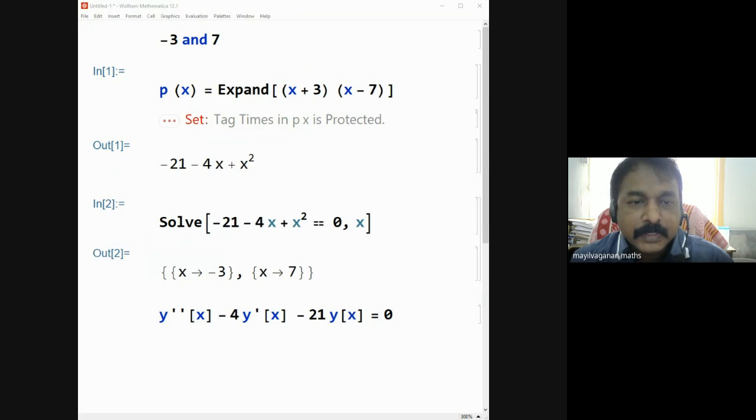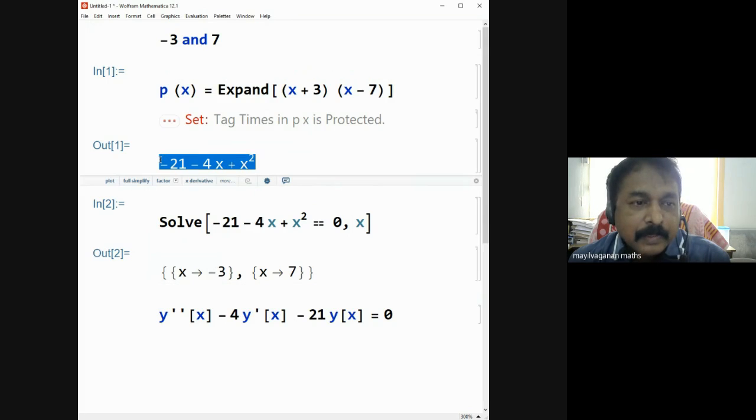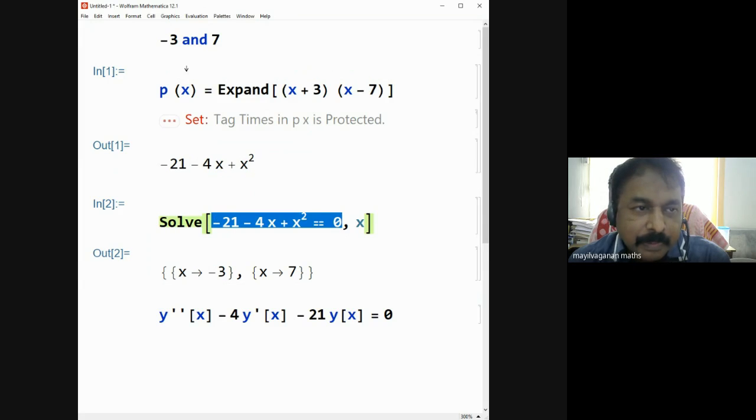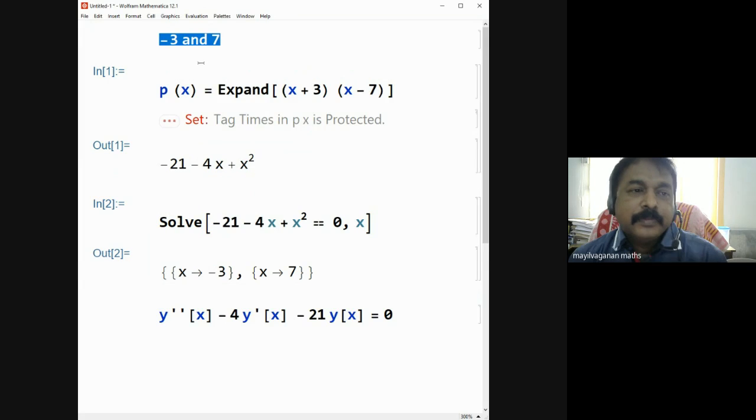So this is the differential equation associated with this polynomial or this algebraic equation, or we can simply say these two real numbers.